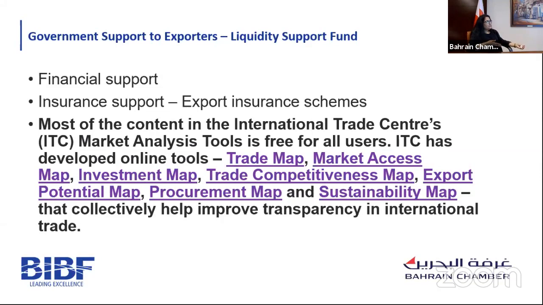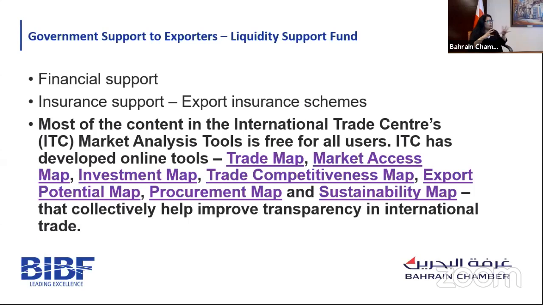If you go to the ITC's market analysis tool, you will get information about the trade map and the market access map. It gives you a lot of information about trade competitiveness, such as tariff rates, quotas, and embargoes in some countries. An embargo is a complete ban on certain products.